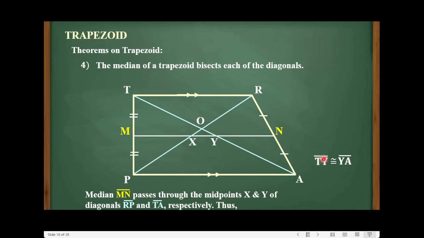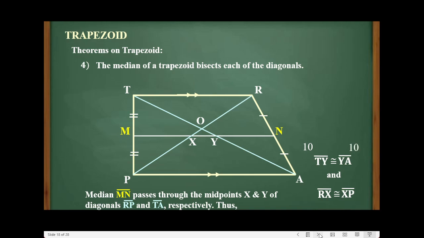segment TY is congruent to segment YA. Similarly, segment RX is congruent to segment XP. Now, suppose segment TY is 10.